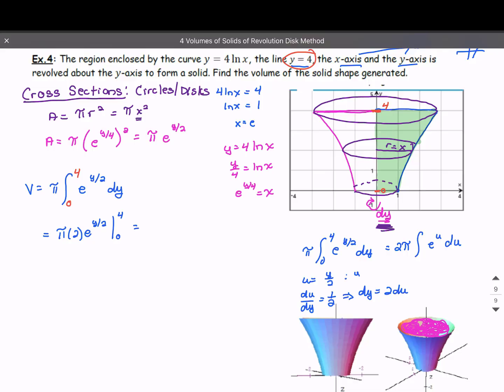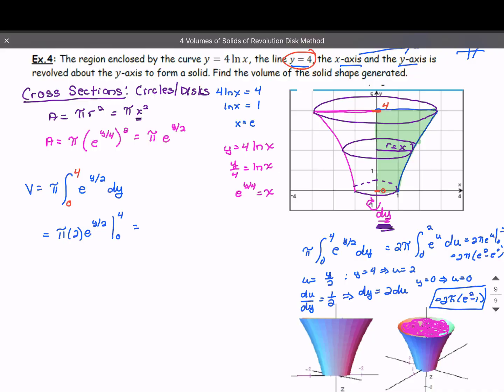If y is 4, that means u is 2. If y is 0, that means u is 0 divided by 2 is 0. So from 0 to 2, and your integral is 2 pi e to the u from 0 to 2. e squared minus e to the 0. So you've got 2 pi times e squared minus 1.